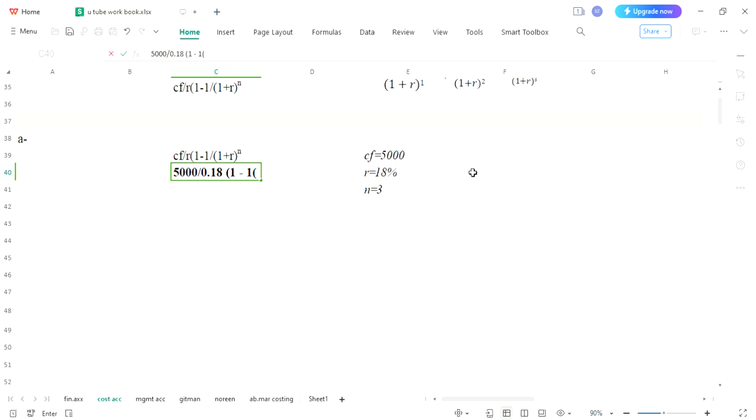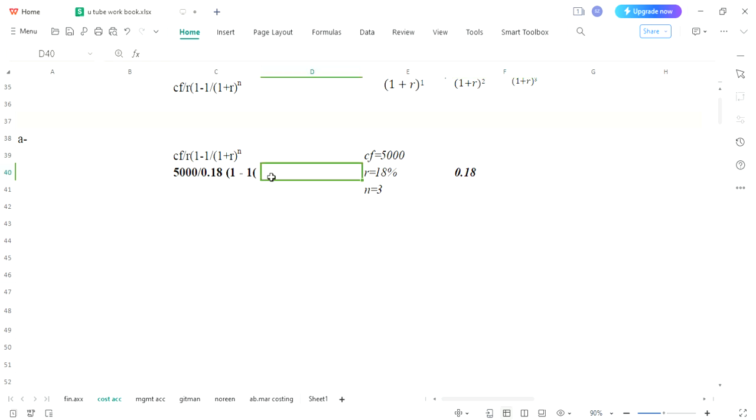You can also write it as 18 divided by 100, that is 0.18. Whenever I write 0.18, understand that we have already divided it by 100.